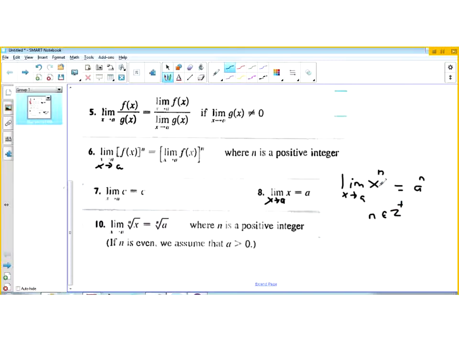There's another rule, we'll call that rule 9. And then rule 11. Sorry, I'm skipping sequence here, I'm reading them from my notes. So the limit as x approaches a of the nth root of f of x.